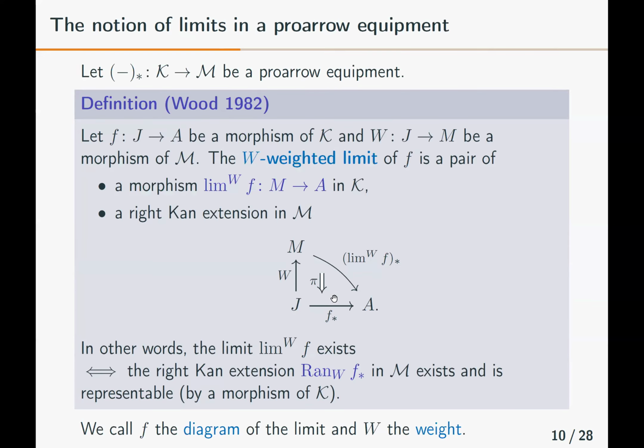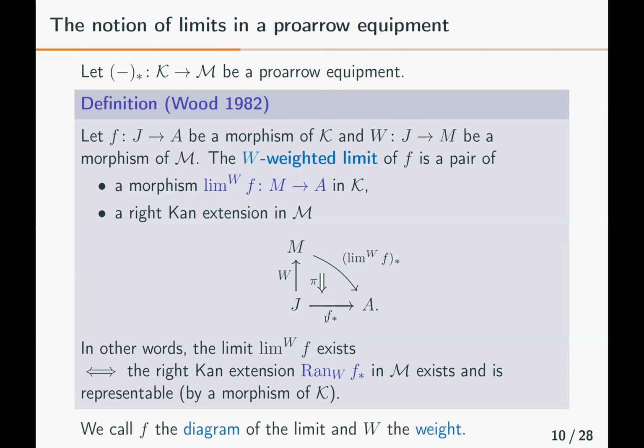Using a proarrow equipment, we obtain a unified notion of limits. Let F be a morphism from J to A in the bicategory K, and let W be a morphism from J to M in the bicategory M. Then the W-weighted limit of F is defined as a morphism in K, like this, together with a right Kan extension in M, like this.